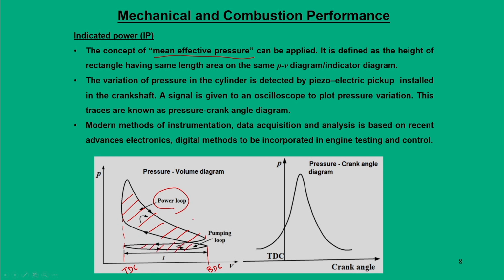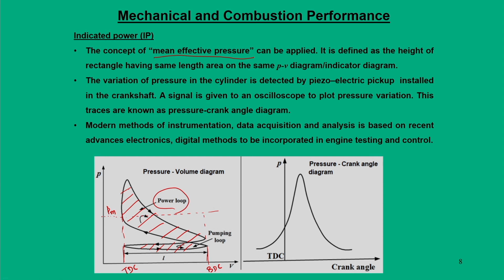So, we can calculate the net area. Now, imagine that we want to evaluate an equivalent area which is the same as this net area. For that, I imagine a rectangle with the displacement volume from TDC to BDC and put a mean line, which I call the mean effective pressure line.